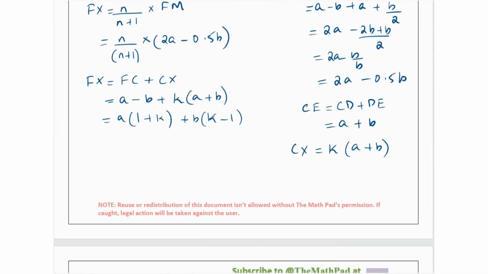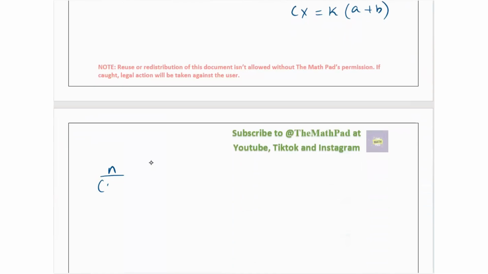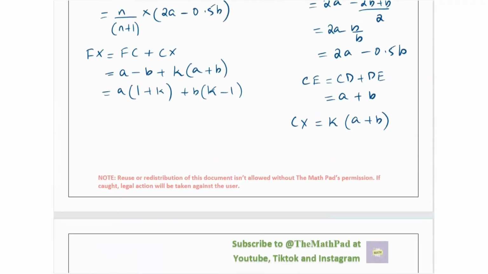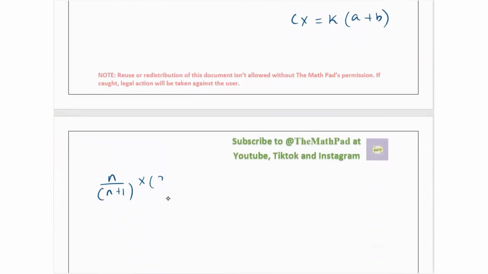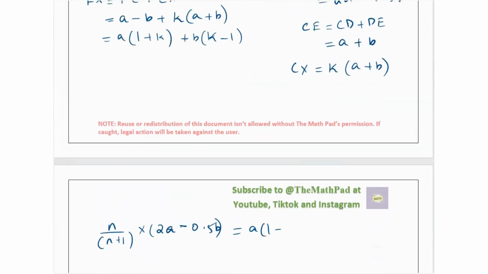Now, since both vectors FX represent the same thing, we can put the equations equal to each other to figure out the value of n and k. So n over n plus 1 times 2a minus 0.5b equals a times 1 plus k plus b times k minus 1.